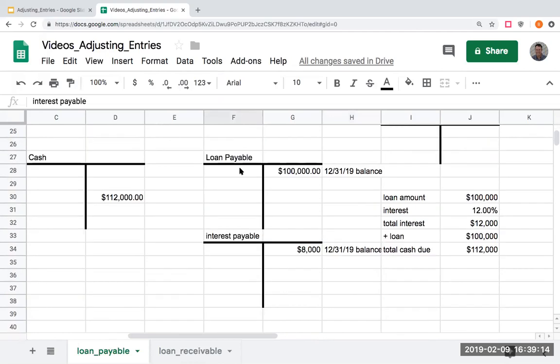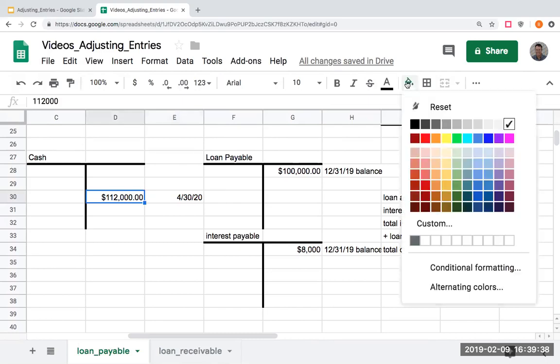Because when we're showing the loan, I'm always going to be showing that at the amount that I originally borrowed. The interest payable is always going to be accounted for separately. So when I'm paying this amount here on April 30th, 2020, I'm crediting cash for $112,000 because I have to pay back the principal, and then I also have to pay back the interest.